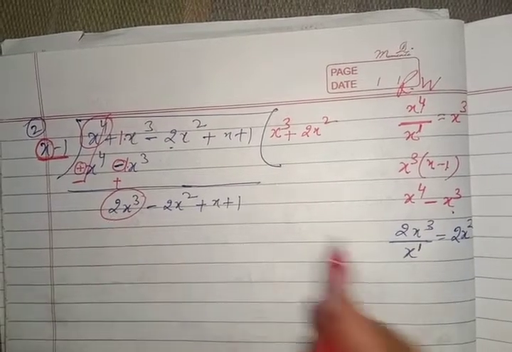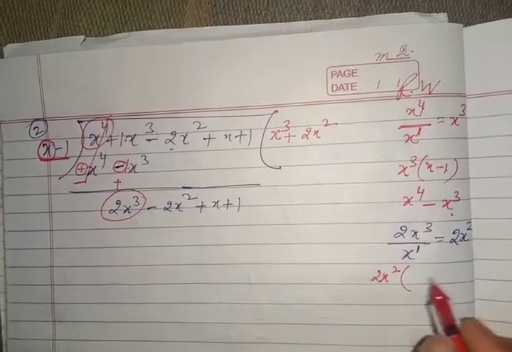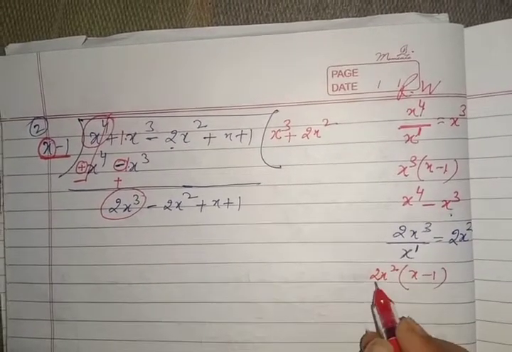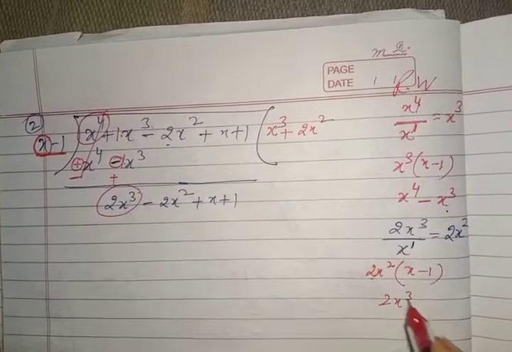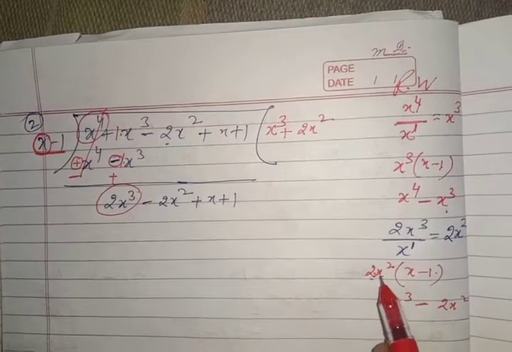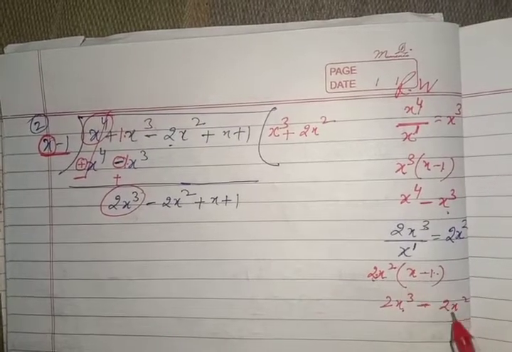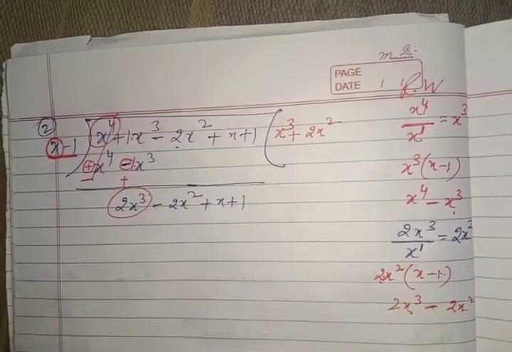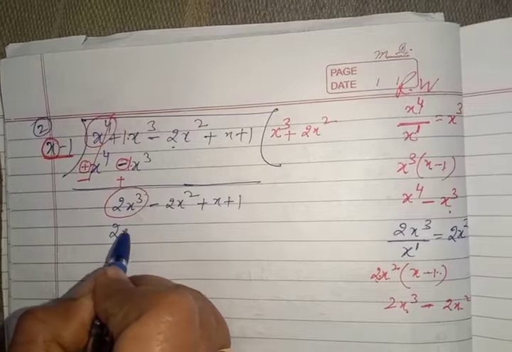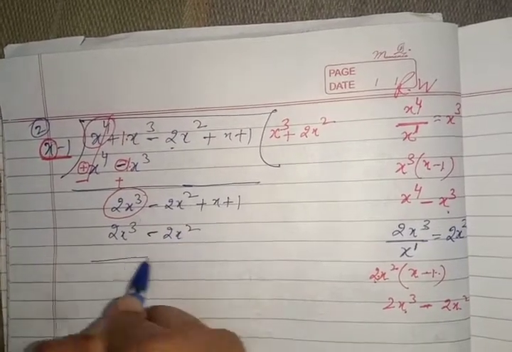Next step, 2x² quotient, and we will multiply it by divisor. 2x² into x is 2x³, then minus sign, 2x² 1s are 2x². Below this we will write 2x³ minus 2x².